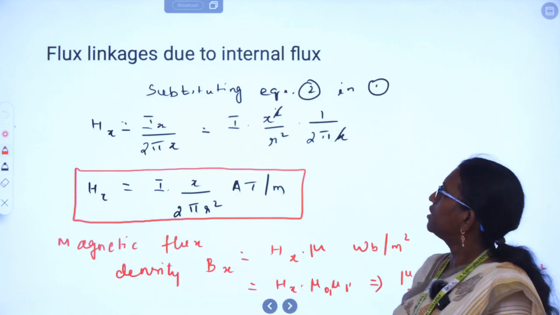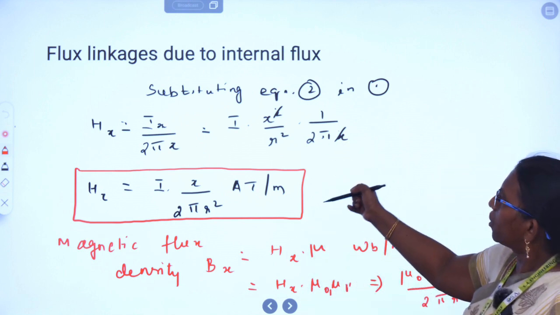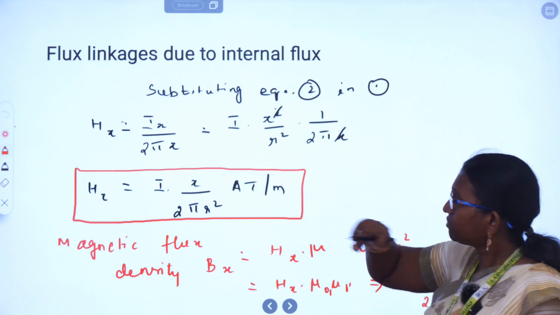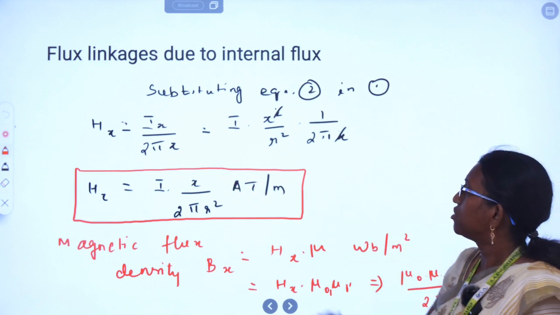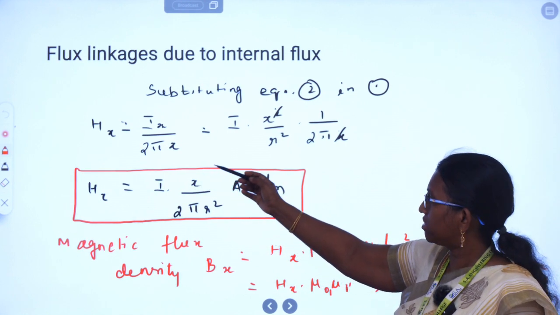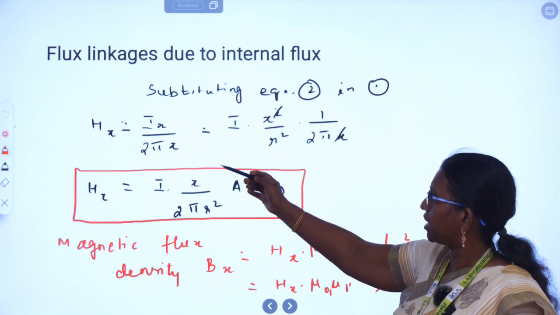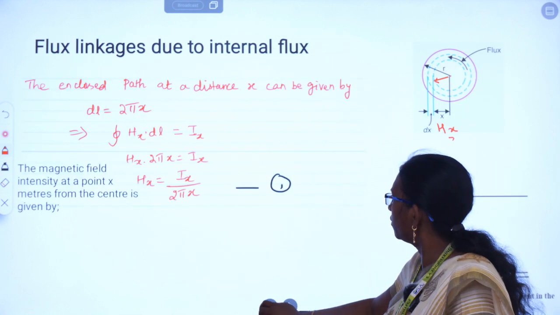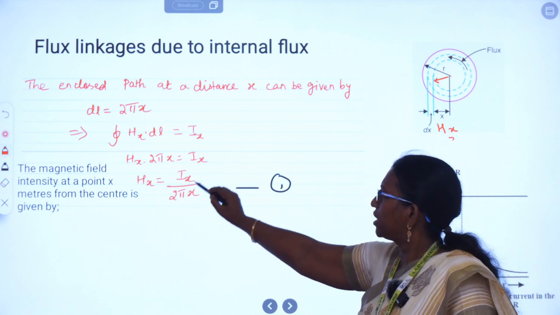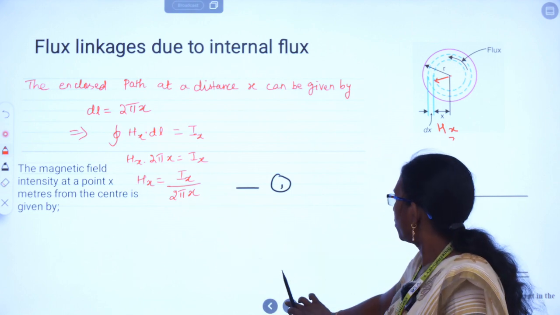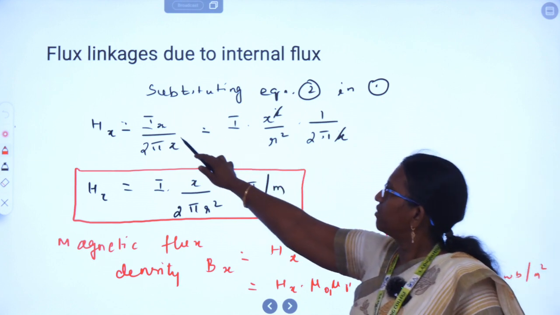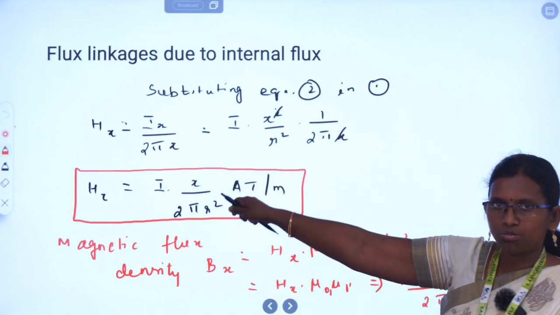Now the flux linkages can be found by first considering the magnetic field intensity. Magnetic field intensity at a distance of x is Ix divided by 2 pi x, which we have already derived. So Hx is nothing but Ix by 2 pi x. Now we substitute the value of Ix from equation 2 into equation 1.